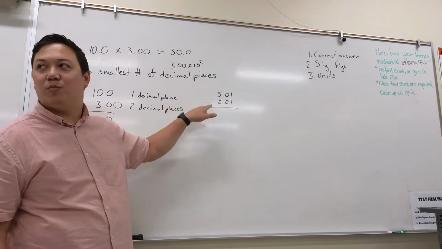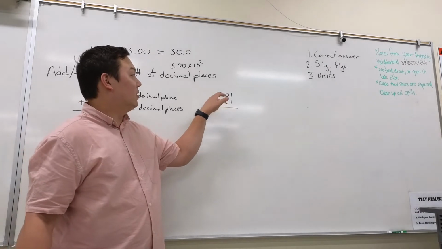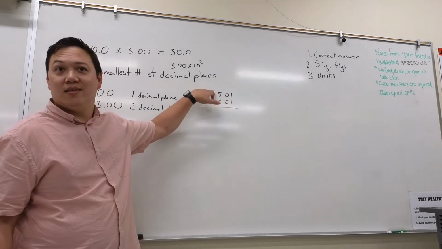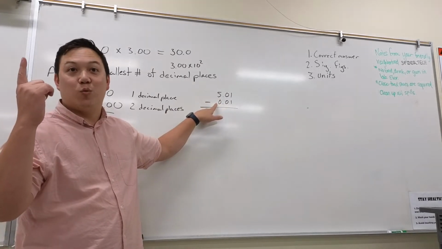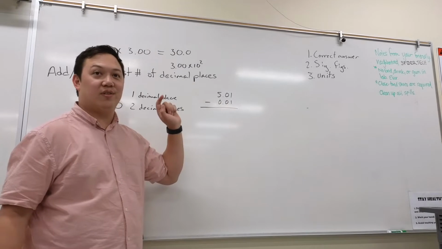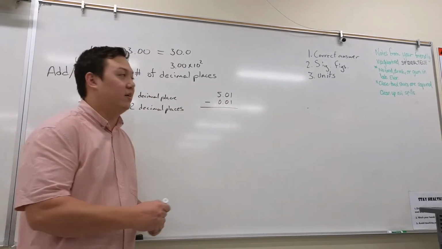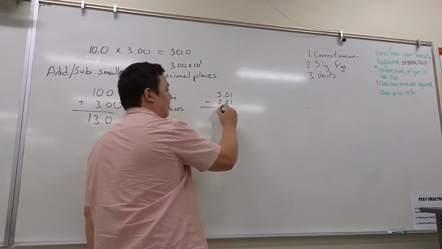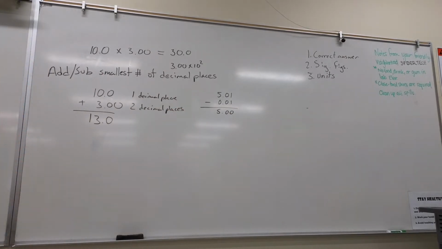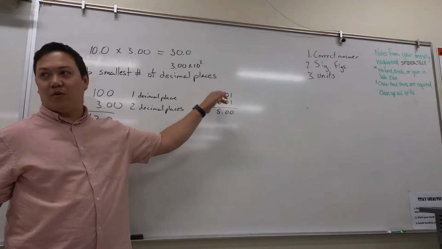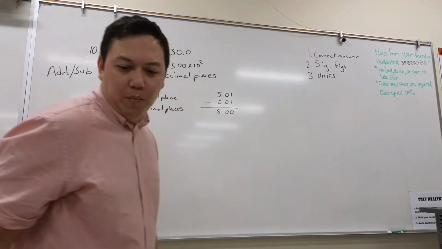How many decimal places does 0.01 have? Still 2. Well, how many sig figs is this? 3, right? How many sig figs is this? 1. These are still leading zeros. But 2 decimal places though, okay? So decimal places is all that matters here. So our answer should be 5.00. That is the same number of decimal places as the smallest number of decimal places in our math.